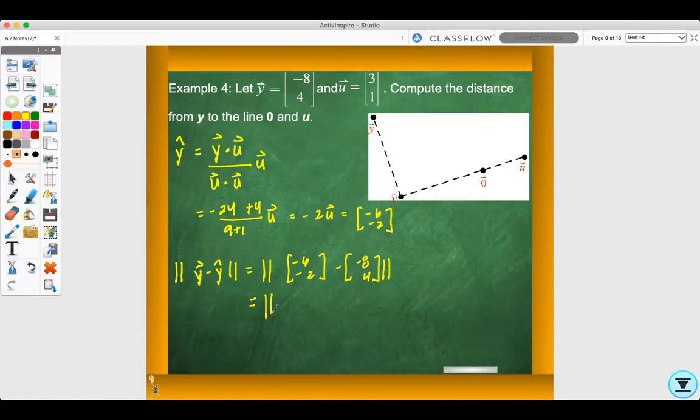This would be the vector 2, negative 6, and the distance would then be the square root of 2 squared plus negative 6 squared, which is the square root of 40, which equals 2 square root of 10.